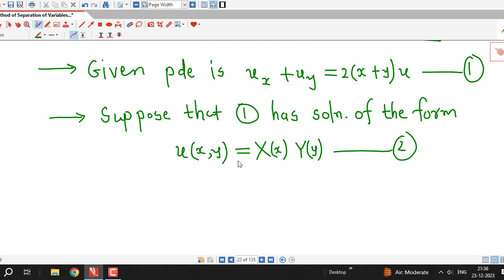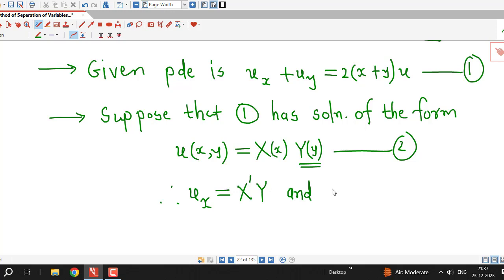Now because this is the solution of equation 1, it must satisfy equation 1, and in equation 1 we have partial derivatives of first order with respect to x and y. So first we write down del u by del x. For del u by del x, we consider y as constant and the derivative of X with respect to x is denoted by X dash and Y as it is.